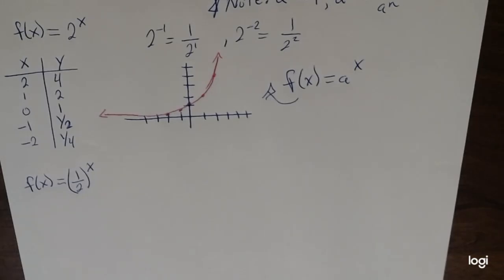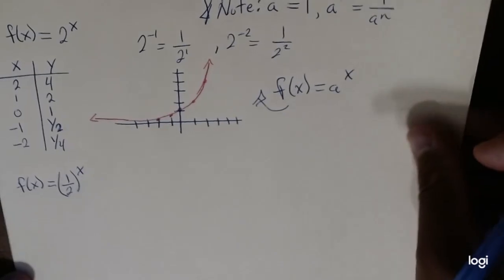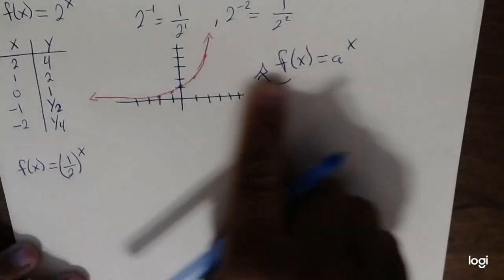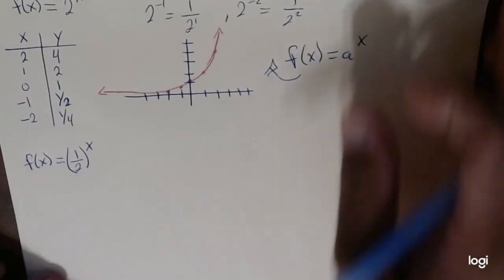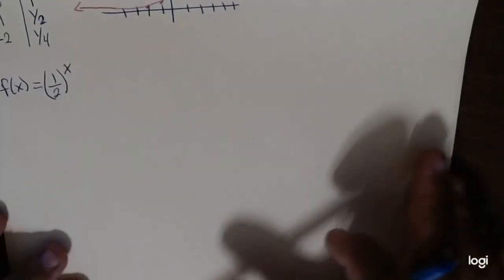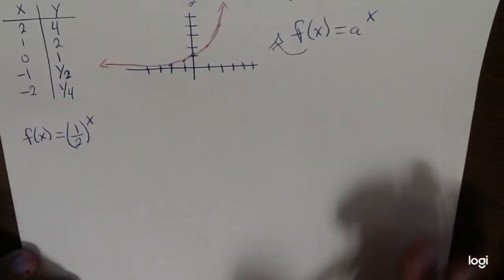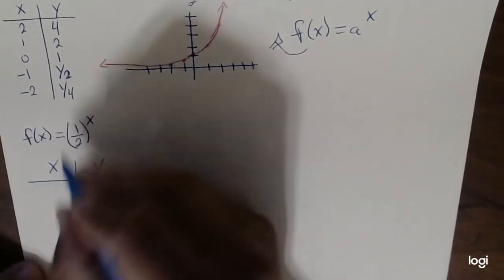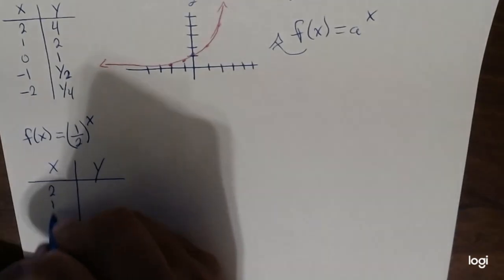We want to see the difference. When a was a whole number, it looks like this, as a general term. But what happens if it's a fraction? We're going to do the same thing: graph it and see what we get. Let's make another t-chart, and we can use the same numbers to help ourselves out.